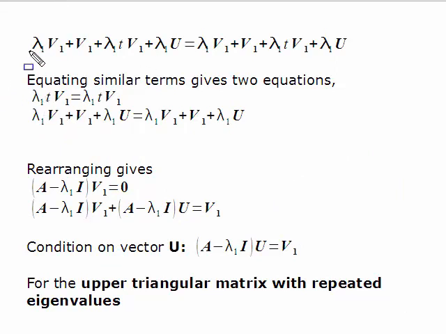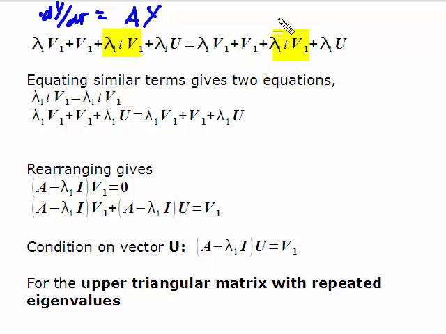So here's what we get, and you'll notice there's some terms that have t's in them. Here's one, and here's another one, and there's some terms that don't have t's.